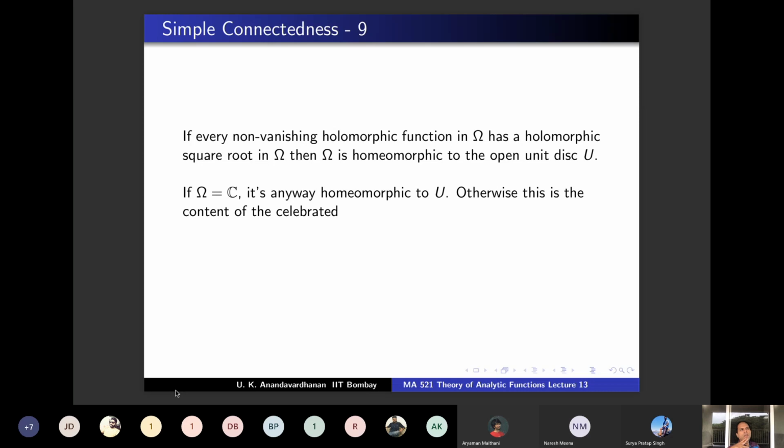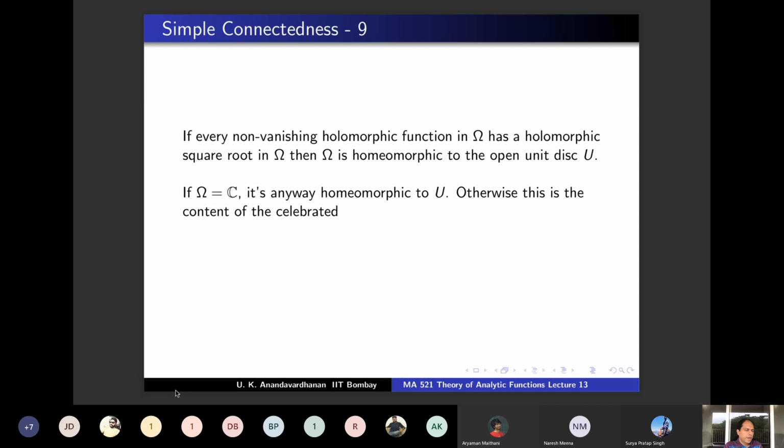We are going to show that if omega is a proper subset of C, not the whole of C, and it has the property that for every holomorphic function you can extract a holomorphic square root, then not just is it homeomorphic to U, it is biholomorphic to U. There's a holomorphic map which is also a bijection from omega to U, such that the inverse map is also holomorphic.